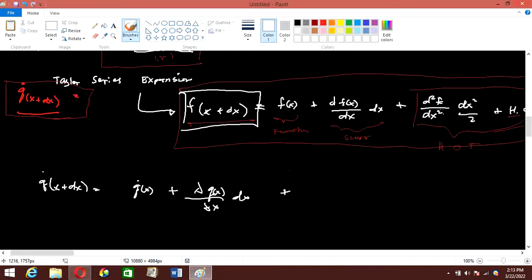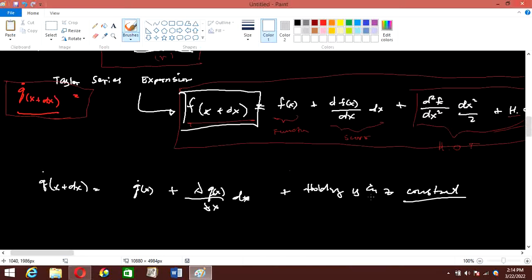And then plus the higher order terms. So for this certain type of equation, we will hold y and z constant, so we will be dealing with x alone.